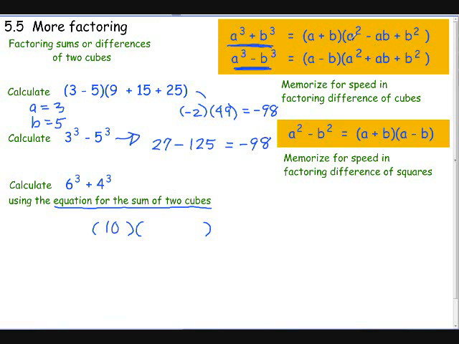And for my second factor, I'm going to have a squared, which would be 36, minus 24. Am I right so far? Plus 16. So that's the same as 12 plus 16. So what is this all equal to?